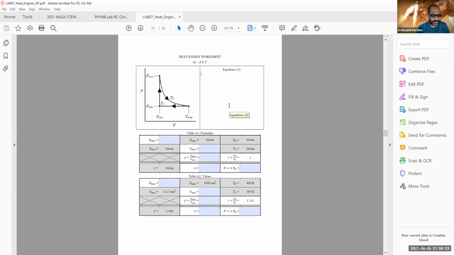I know, for example, that Pmin times Vmax is equal to nRTH. Actually, I probably should address it with the indices in here.